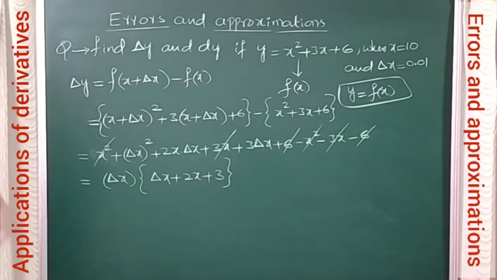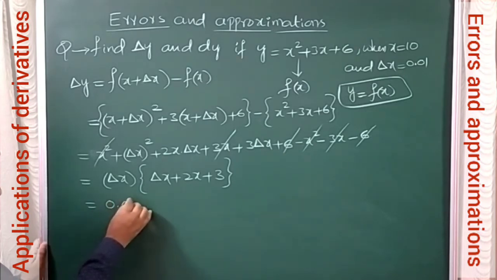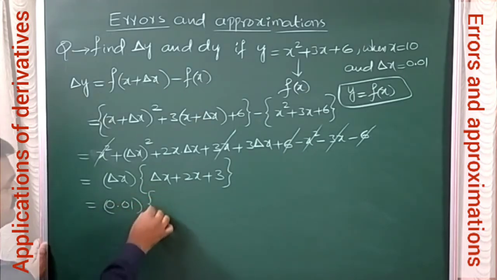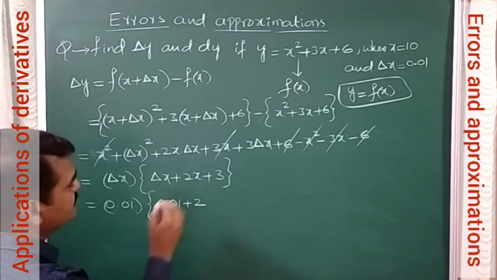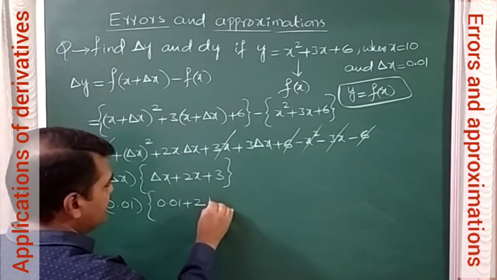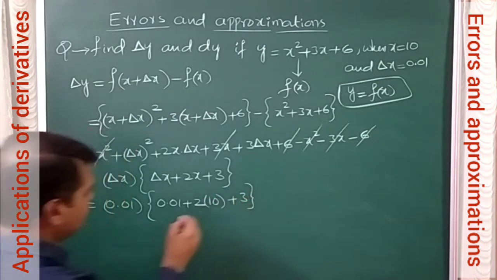Now we know all the values, just substitute. Delta x means 0.01, times (0.01 plus 2 into x, which is 10, plus 3).